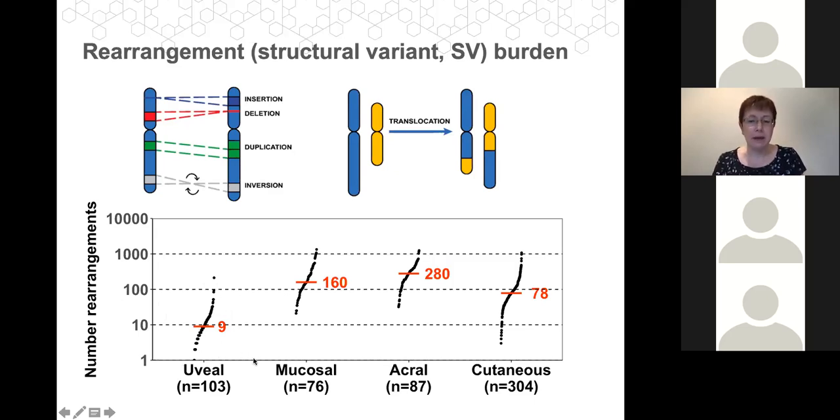Here we see a different pattern when we compare it with the point mutation burden. Again, uveals have a very low burden of structural rearrangements as well as point mutations, but we see changes with the other three subtypes. Cutaneous melanomas have a somewhat mid-range of structural rearrangements, whereas acrals and mucosals have very high numbers of rearrangements.